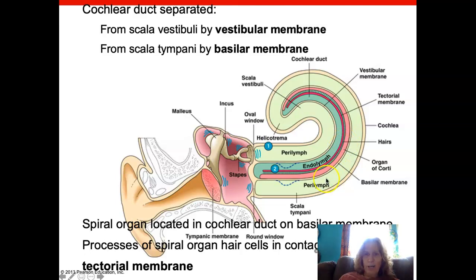Then that pressure wave kind of comes out and escapes down here from the round window. So you strike the oval window, cause a pressure wave to move along here and cross over, and where it crosses over, that organ of Corti, the hair cells stimulate the tectorial membrane and stimulate a nerve impulse. And then that wave is dissipated out the other end.